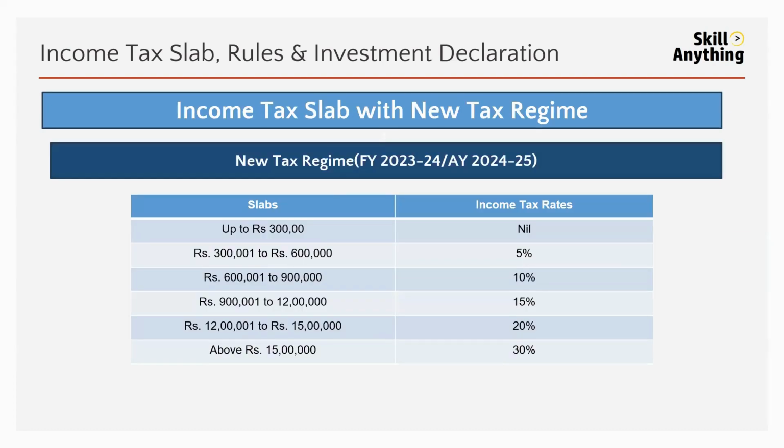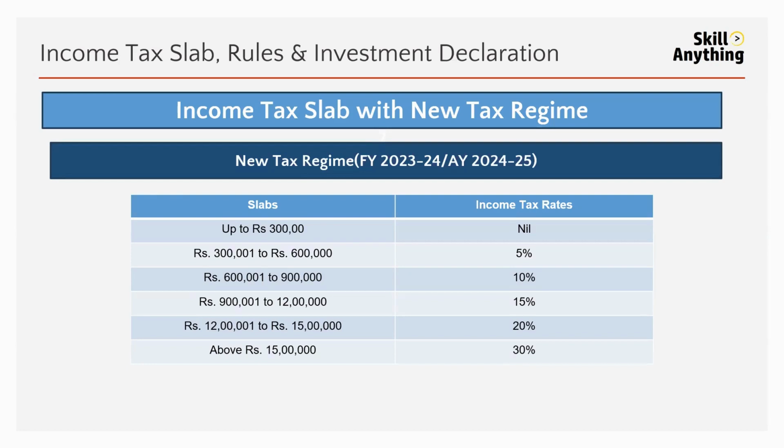Income tax slab with the new tax regime. This is the new tax regime which was announced in the budget for financial year 2023 to 2024. In this slab, up to an income of 3 lakh, the income tax rate will be nil. If someone falls in the slab of more than 3 lakh to 6 lakh, their income tax rate will be 5%.